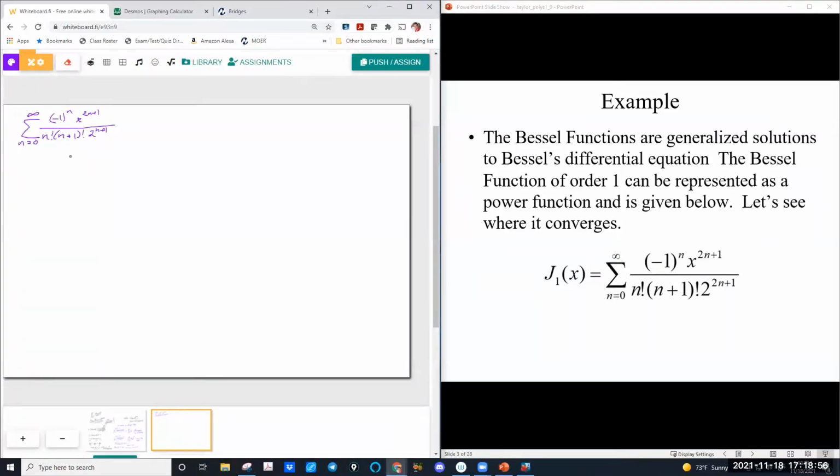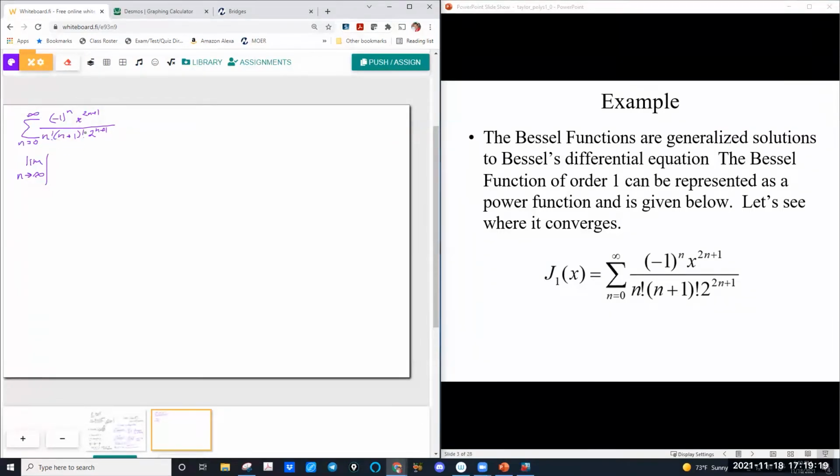Okay, so to find the interval of convergence, you do the same thing, but you apply the ratio test. So limit as n goes to infinity. Again, we do include the absolute value this time. Because of the absolute value, we do not need to worry about the alternating term, just like before.